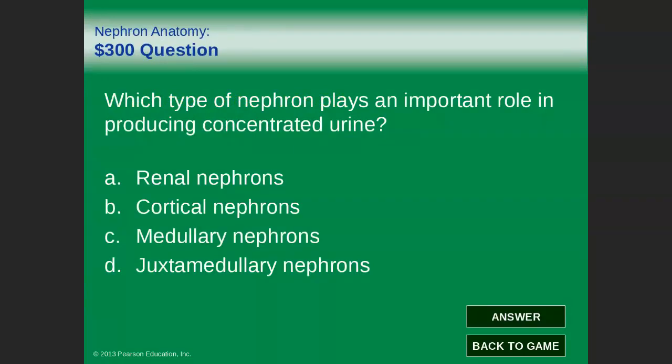Remember, most of your nephrons are cortical, but there are certain nephrons that are very important for producing concentrated urine. Yeah, juxtamedullary, you're right. That is correct.